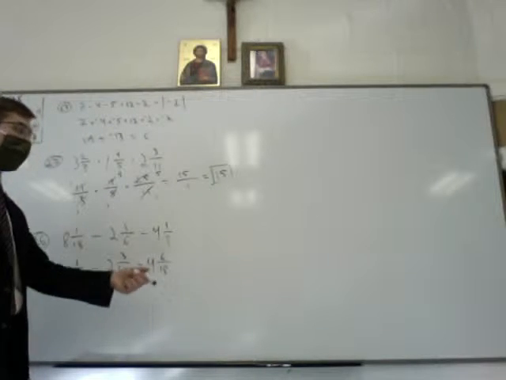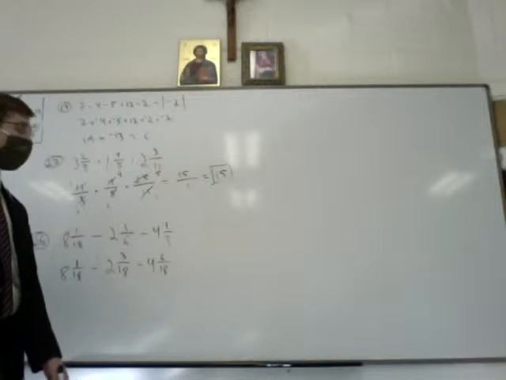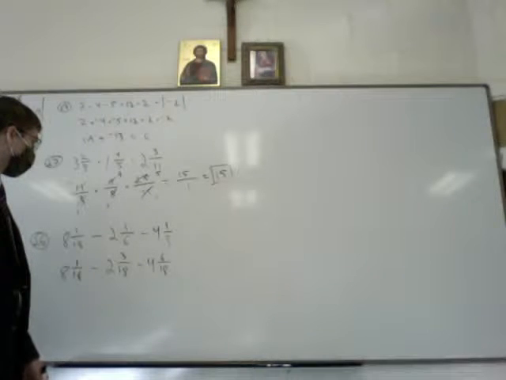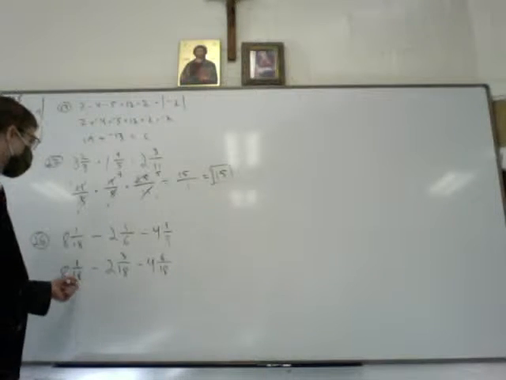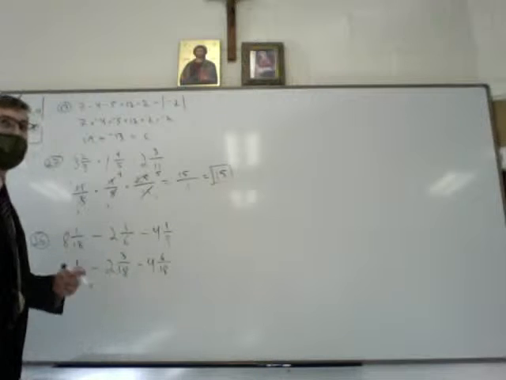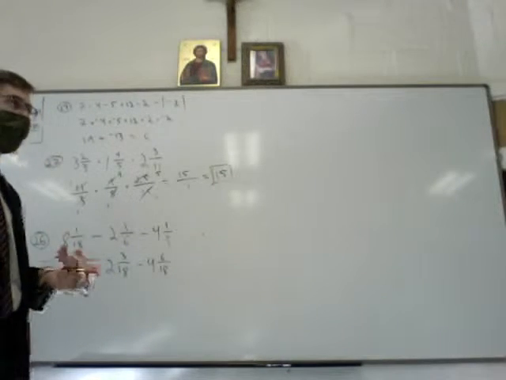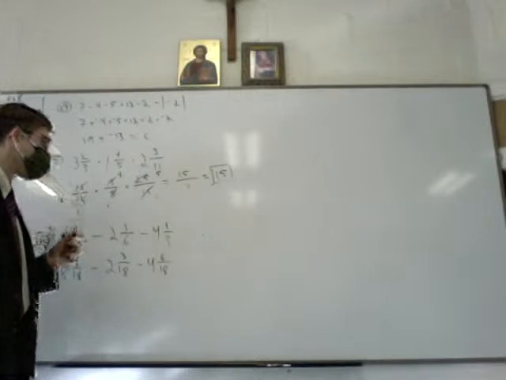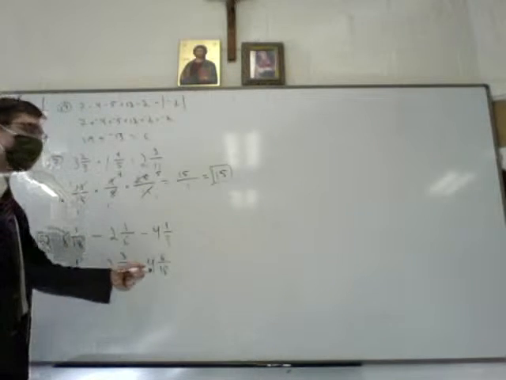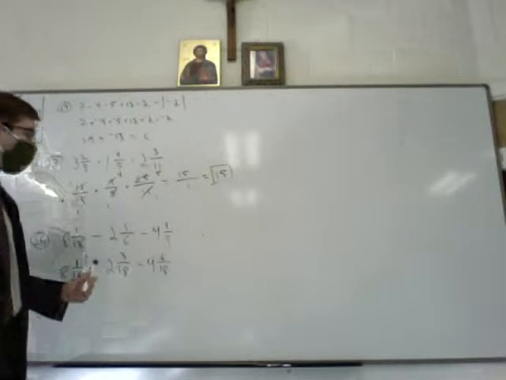Oh, you're going to have to borrow. We're going to have to borrow because if we do 1/18 and we take 3/18 away, we're going to end up with a negative fraction. We're allowed to have negative fractions, but it's going to be a problem if we have a positive whole number and a negative fraction. So we're going to borrow.